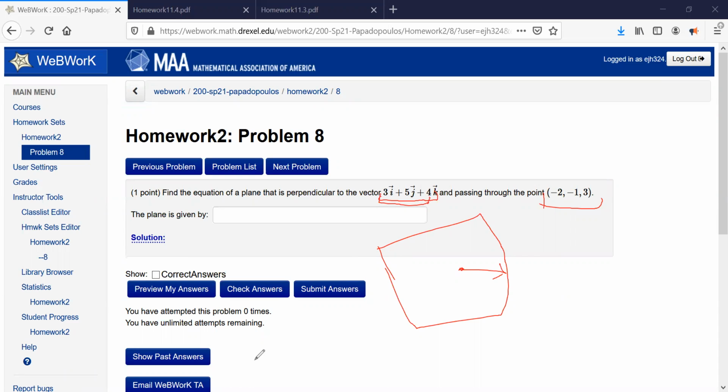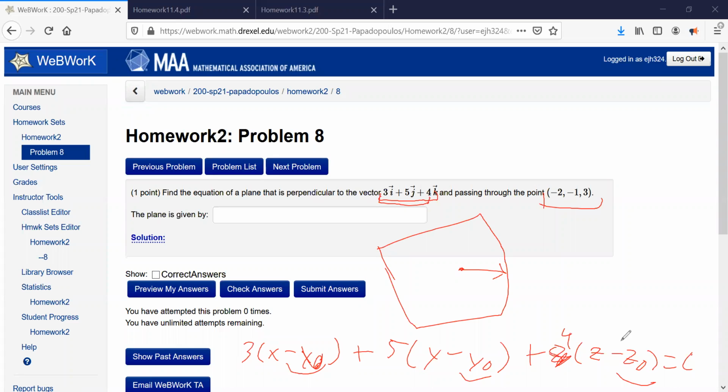So what we'll have is something that looks like 3 times x minus x naught plus 5 times y minus y naught plus 4 times z minus z naught is going to be equal to some c, and usually we're going to have it be 0, and then it's going to be absorbed into one of these for our starting point. So we'll set that equal to 0, and this forms the equation of a plane that is perpendicular to this vector.